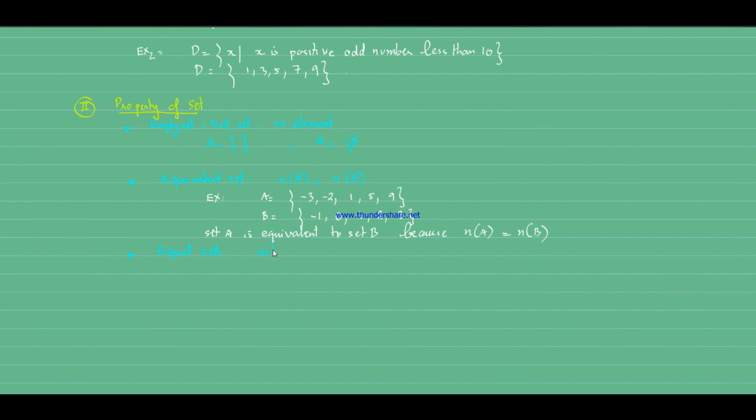So set A equals set B if set A and set B have the same elements. And of course the cardinality will be the same. So equal sets are actually also equivalent sets, however, they also have the same elements.